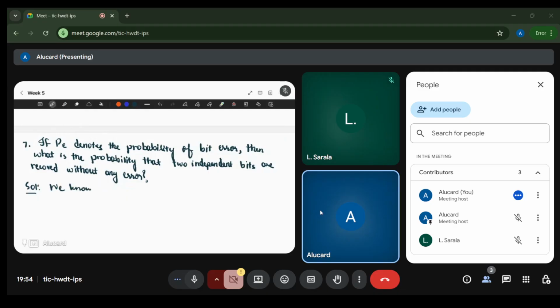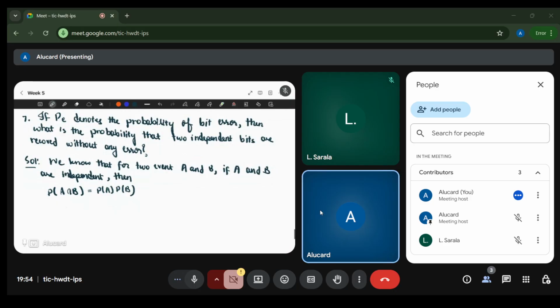Well, we know that for two events A and B, if A and B are independent, then probability of A intersection B is probability of A times probability of B. You can use that and you can call your event A, the event that there is no error in bit 1.